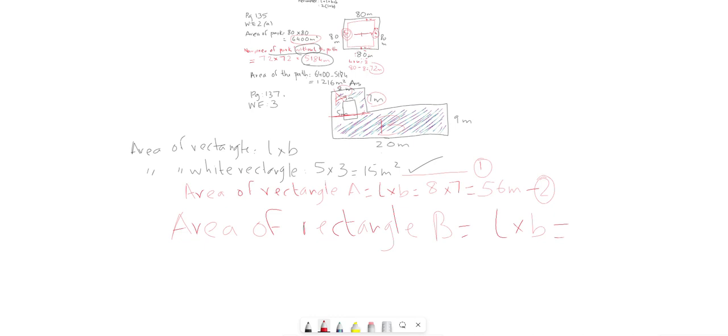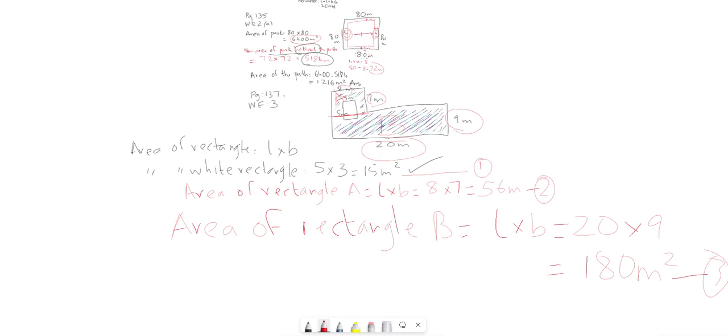What's the length over here? 20 meters, multiplied by what's the breadth over here? 9 meters, which gives us 180 meter square. This is the third value.